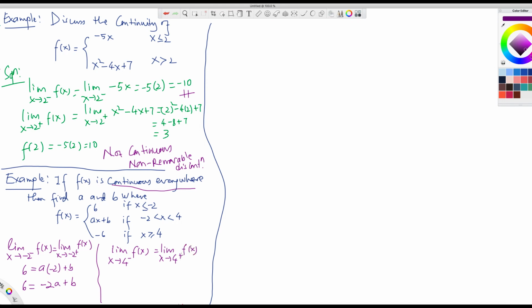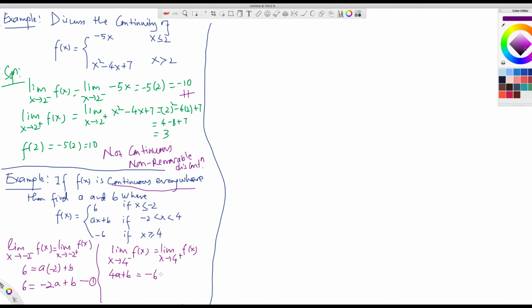Which piece should I pick? I pick this piece, right? And then you plug in x equals 4. So 4a plus b equals -6 on the right, because for x greater than or equal to 4, you pick that piece. Now you got two equations, right?